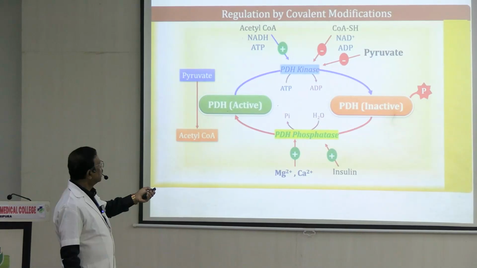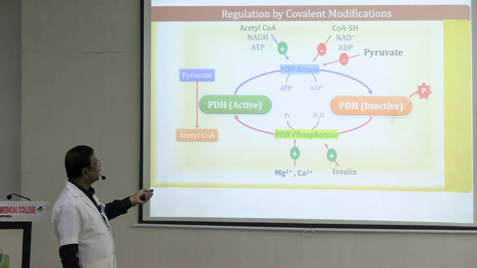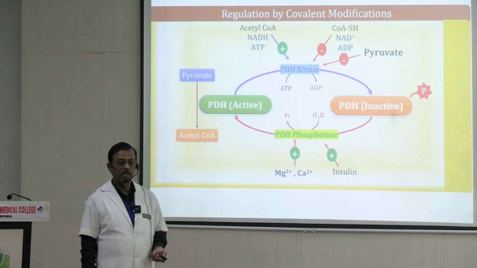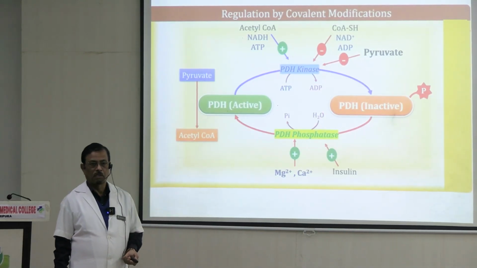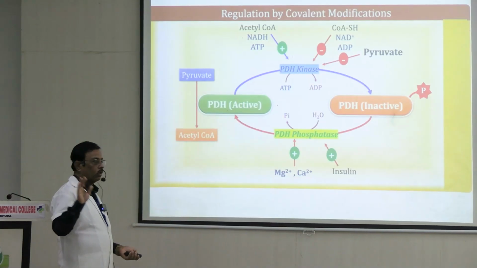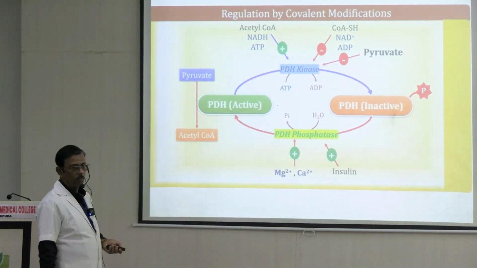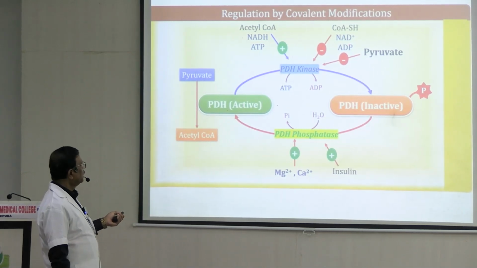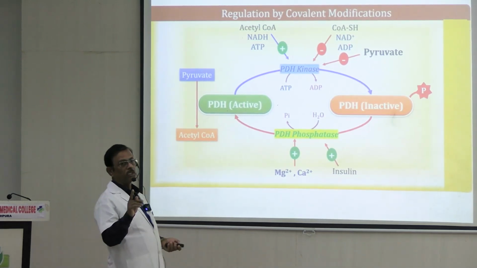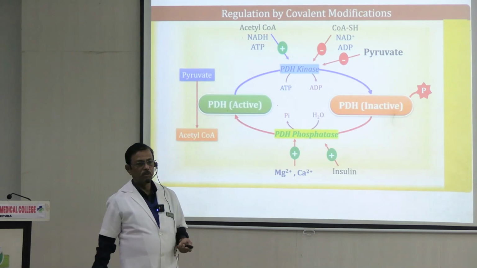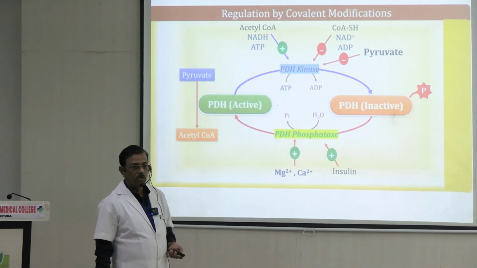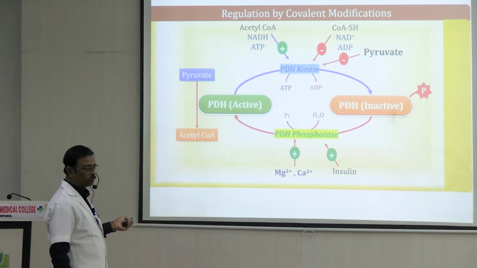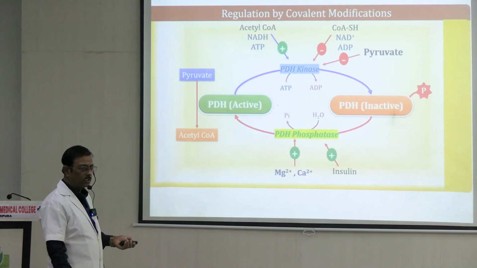And coenzyme A, NAD, and ADP: presence of more NAD, and presence of ADP, means there is lack of ATP. So we need to increase NADH for ATP. So NAD, what does it do? It inhibits PDH kinase. Inhibition of PDH kinase prevents phosphorylation of PDH, so PDH remains active.